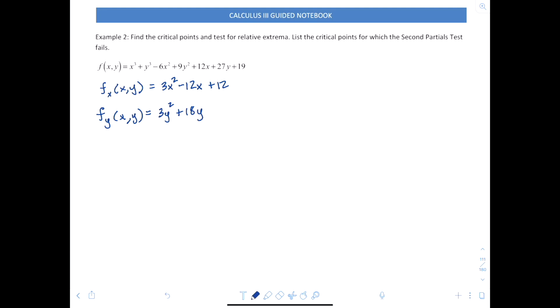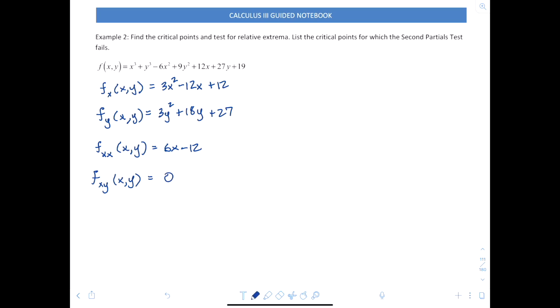And then we'll have plus 27, and that last term will zero out. And so fxx at x and y will be equal to 6x minus 12. fxy at x and y will be, so now that will just be 0, right?